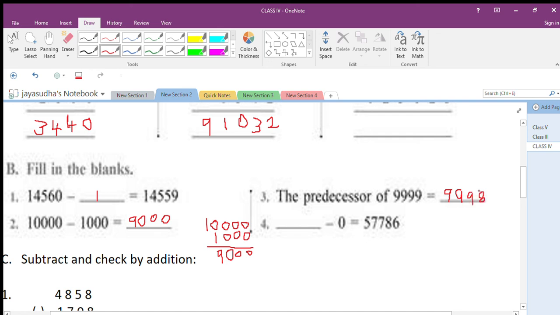Are you okay? How do you get this predecessor? Minus 1. You have to minus 1 from the given number. You get the before number, that is the predecessor.